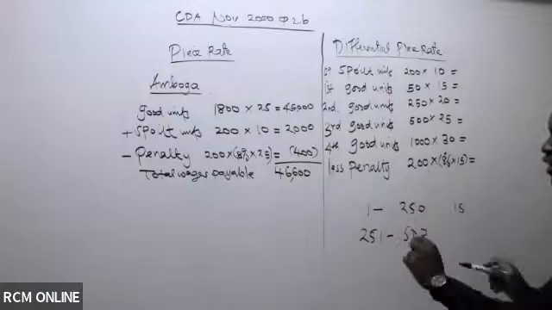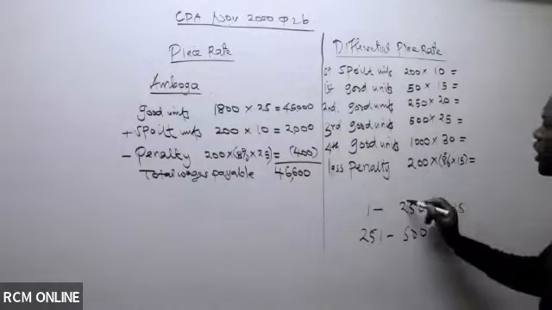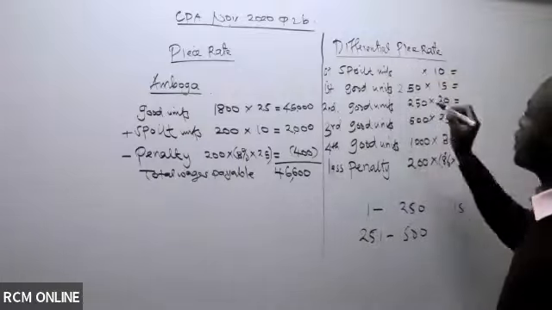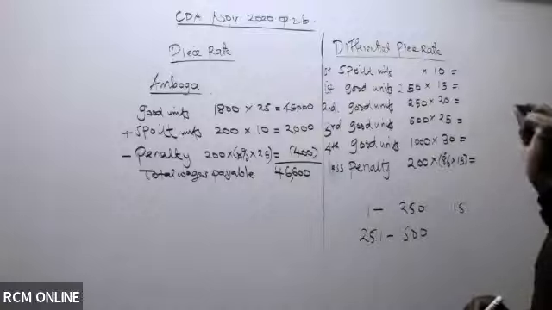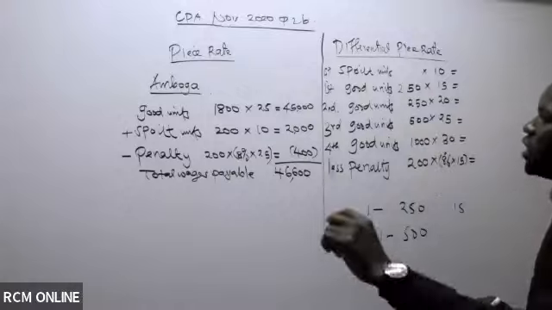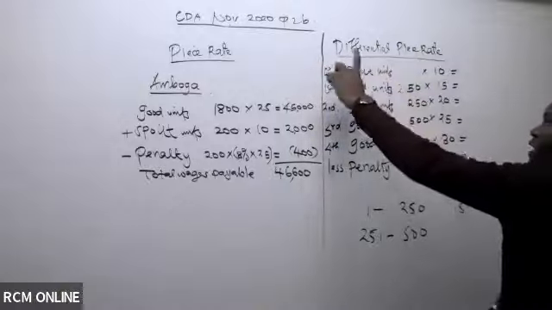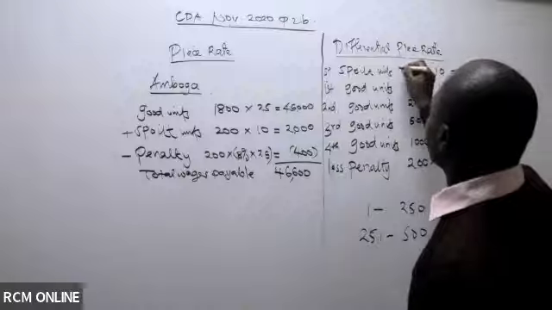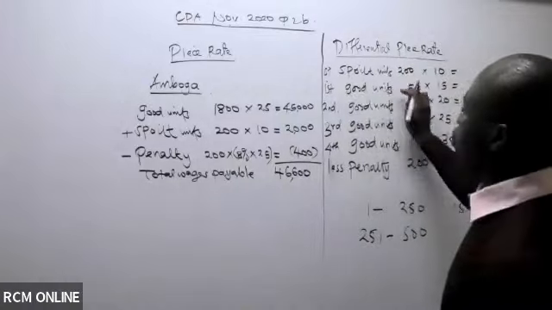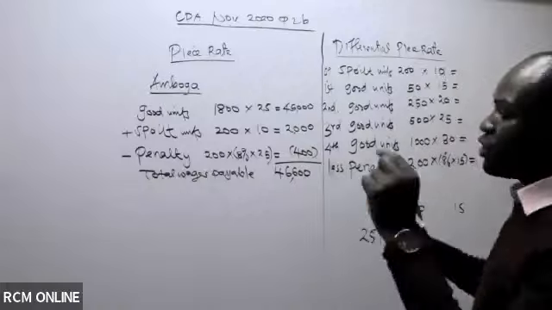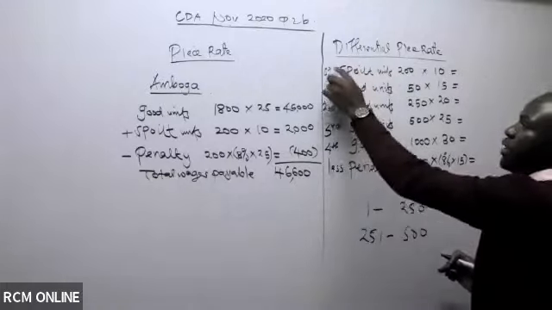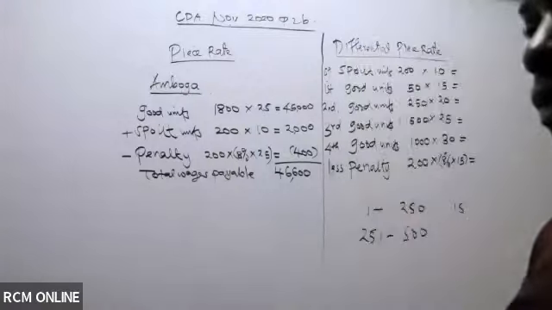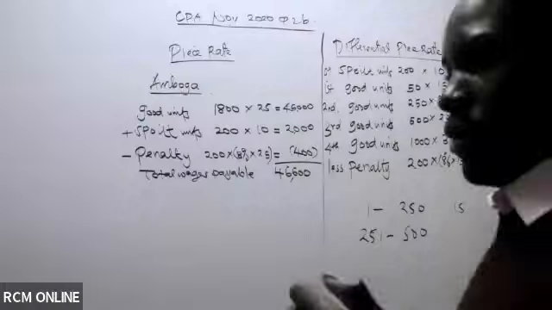If you have spoiled goods, they come out of here. So first range is 250, and therefore I have decided to separate the spoiled goods from the good units. If I add the two, it will give me 250, and you can see they are all falling within the first range. Is it okay now, Dorin? Great.